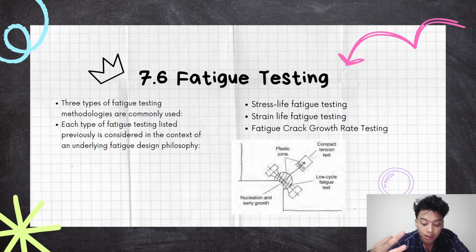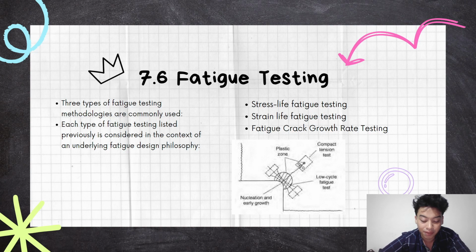Three types of fatigue testing methodologies are commonly used: high cycle or infinite life stress-controlled fatigue testing; low cycle or finite life strain-controlled fatigue testing; and fatigue crack growth rate testing based on the fracture mechanics concept of stress intensity K at the crack tip, where simulation of both crack nucleation in regions of localized stress and the subsequent crack growth mechanism outside of the plastic zone can be produced.